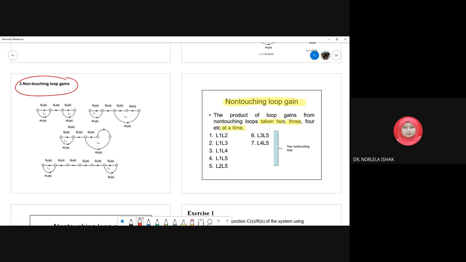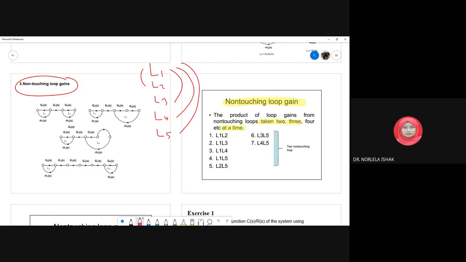Okay, first we compare L1 and L2. First you have to list down L1, L2, L3, L4, L5 because we have 5 loops, right? Okay, first taken 2 meanings you compare 1 and 2. After that you compare 1 and 3. After that you compare 1 and 4. After that you compare 1 and 5.